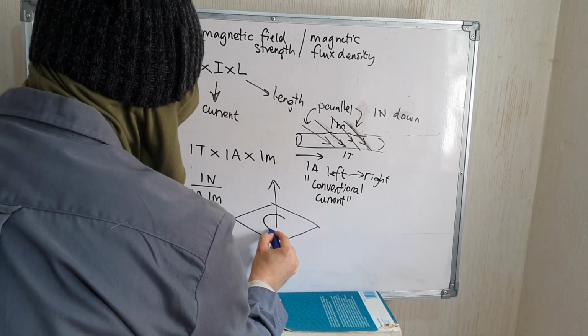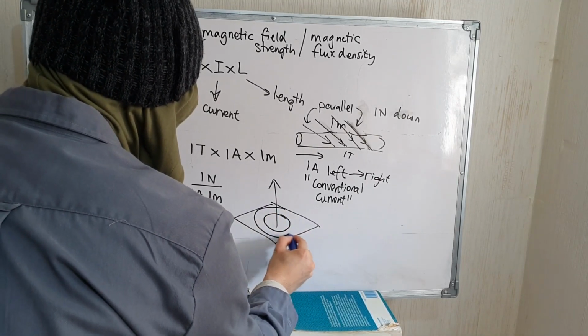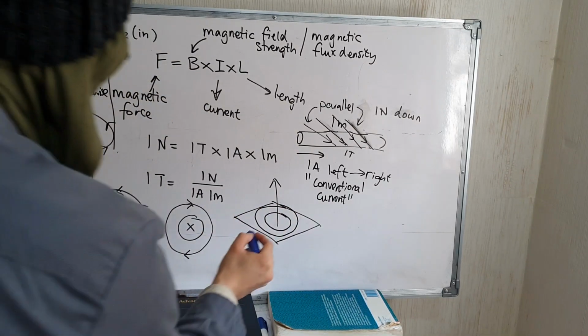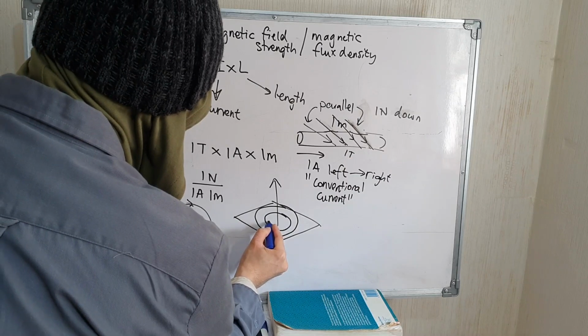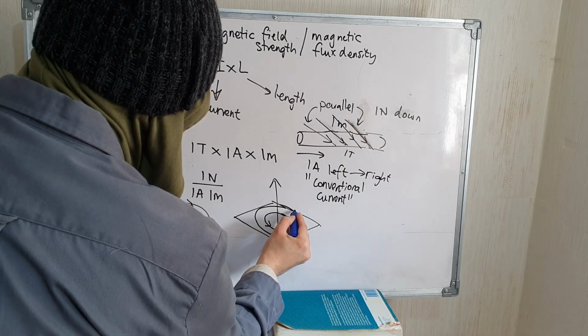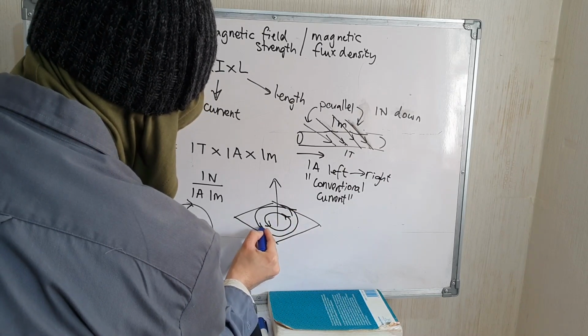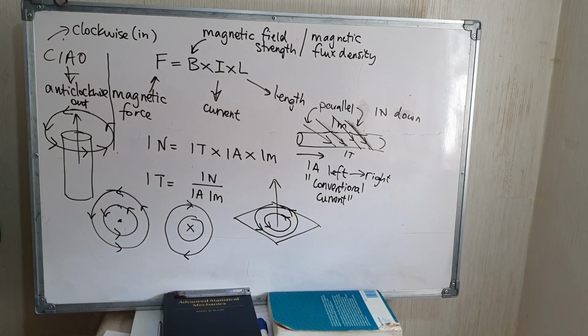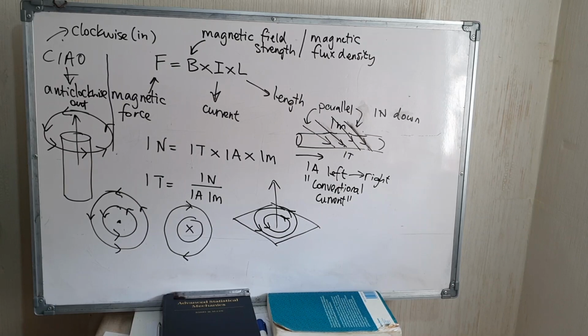So your magnetic field lines would go anti-clockwise. If you look from the top, clockwise would be going this way, so it would be anti-clockwise.